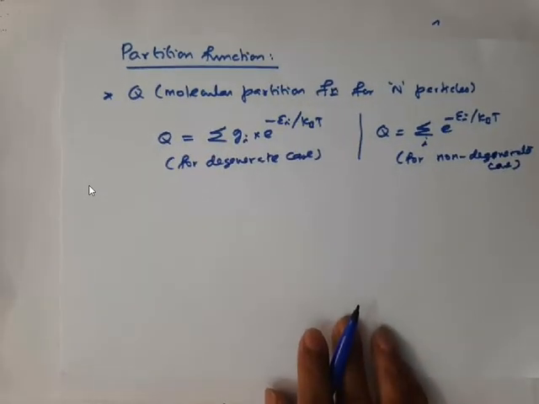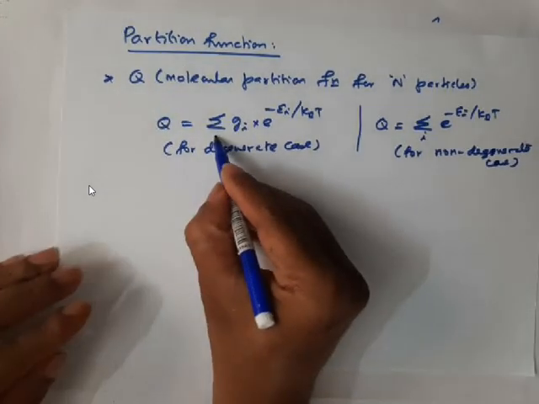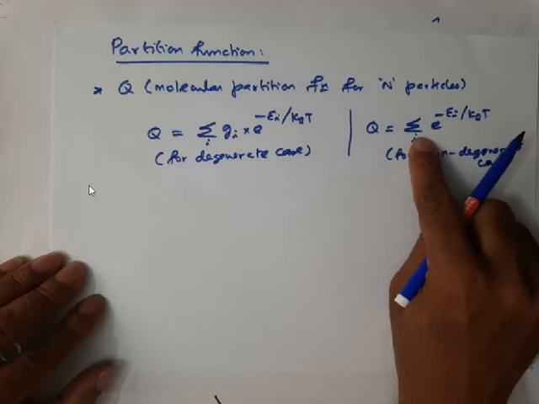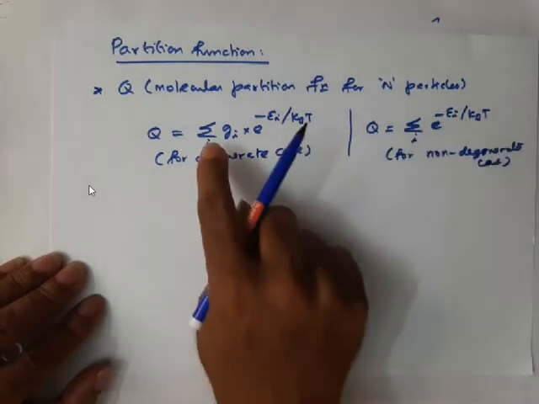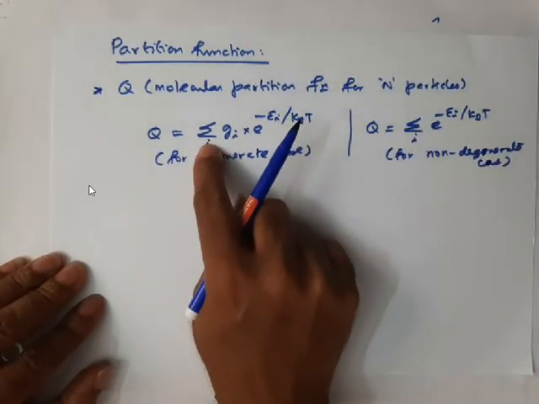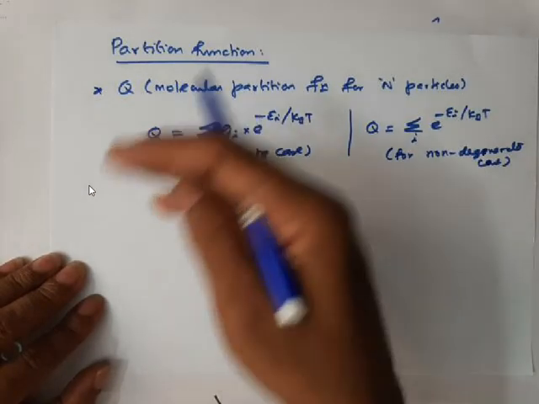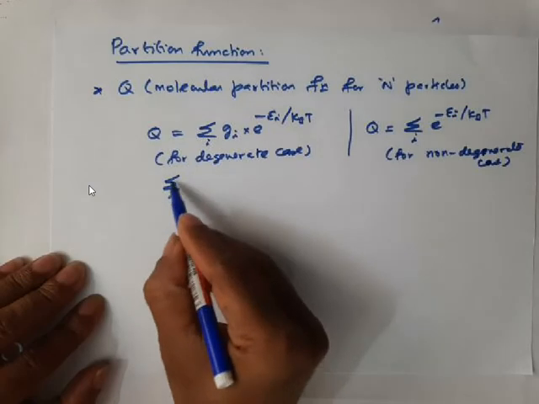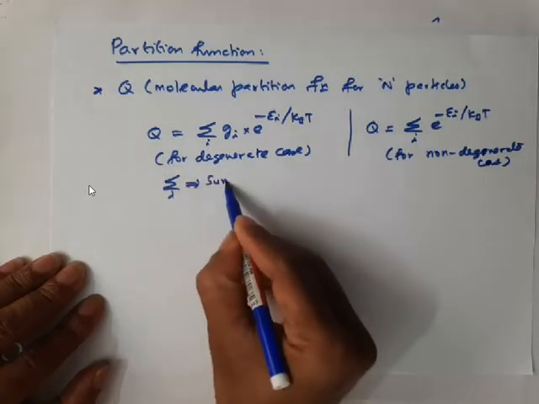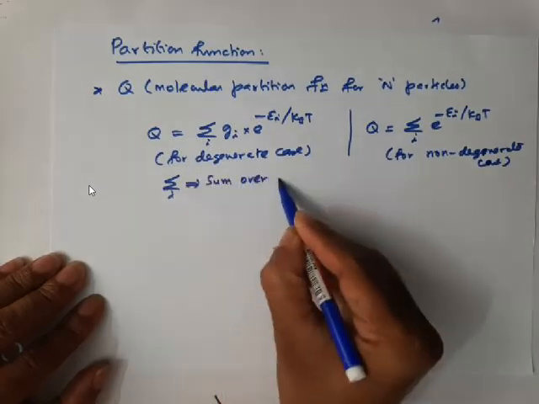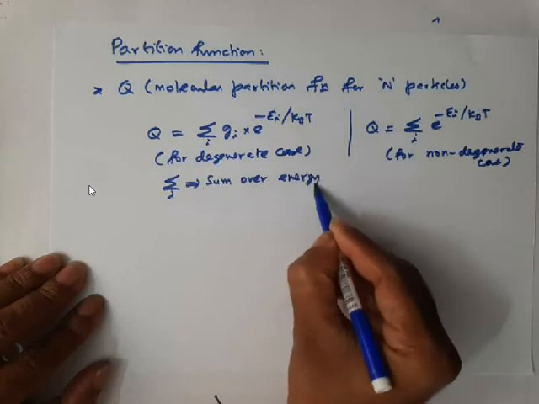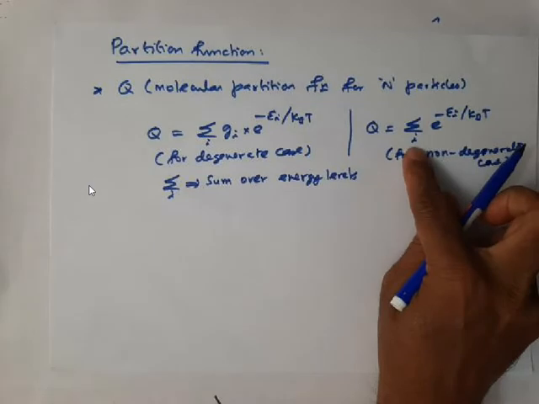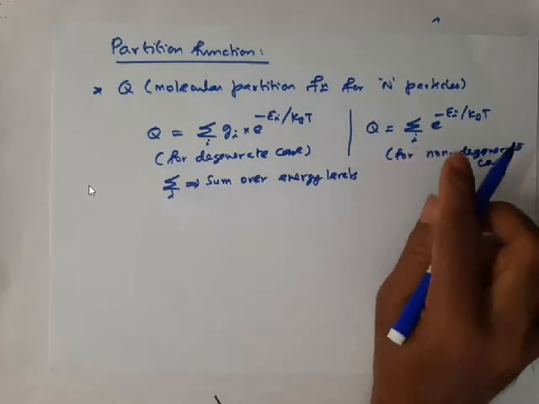Now, here sum over i indicates sum over energy states, whereas here the summation i indicates sum over energy levels. Okay, so here this summation i indicates sum over energy levels, whereas here this summation i indicates sum over energy states. Okay.